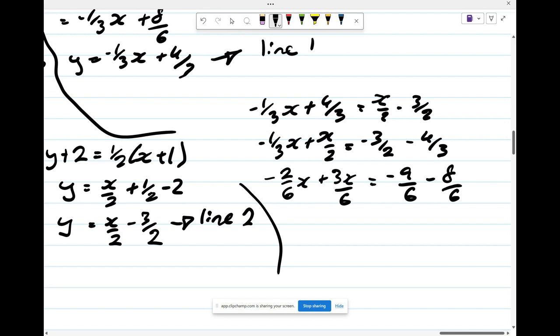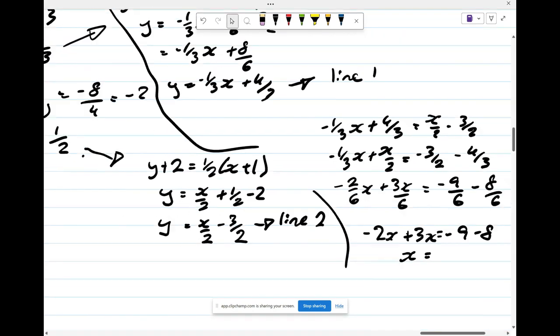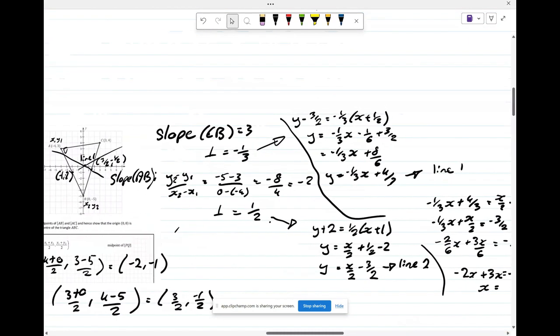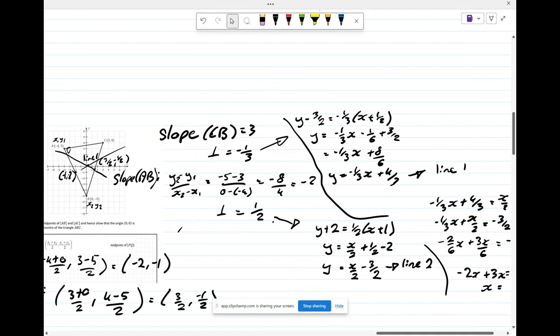If we multiply everything by 6, that's -2x plus 3x equals -9 minus 8. So x is equal to... Okay, well, I seem to have made a mathematical slip, but you get the idea.